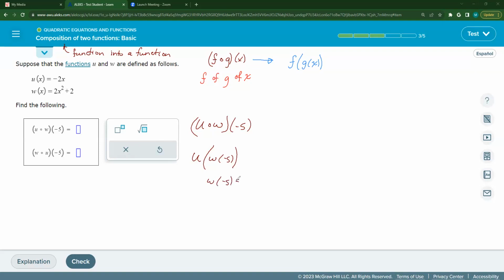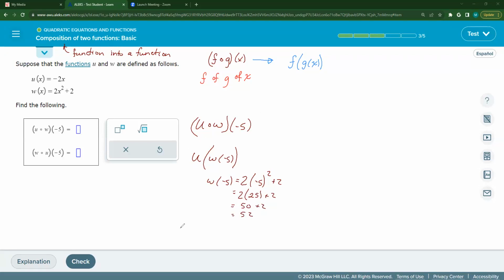W tells me I'm going to go 2. Instead of the x, I'm going to put a -5 squared plus 2. So this is 2. -5 times -5 is 25. Plus 2 is 50. Plus 2 is 52.